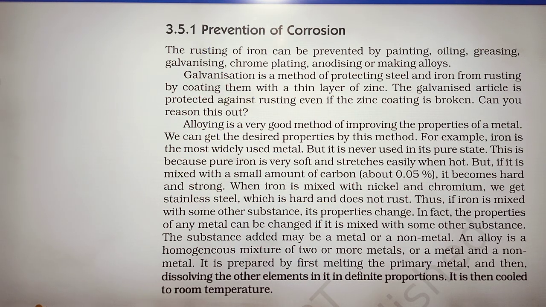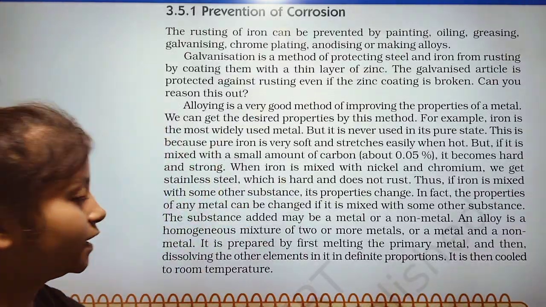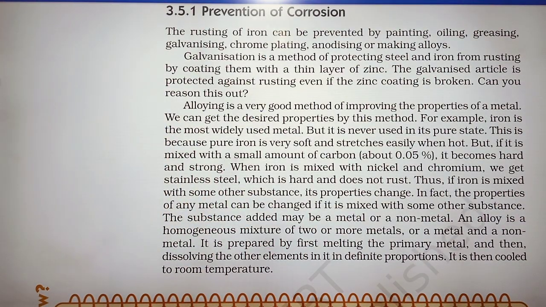Okay, now when we add carbon to iron, it becomes very hard and strong. And when iron is mixed with nickel and chromium, then we get stainless steel. Our utensils are also made of stainless steel, which is hard and does not rust. Thus, if iron is mixed with some other substance, its property changes.